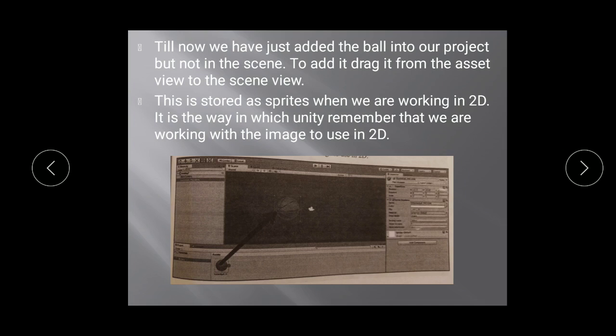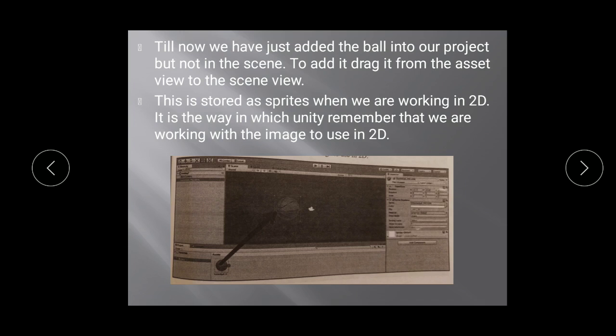Till now we have just added our ball object, the basketball, into our project, but not in the scene. In this image we have just added it from the folder to our asset view, not to the scene view. For that, the next step is to drag it from the asset view to the scene view.